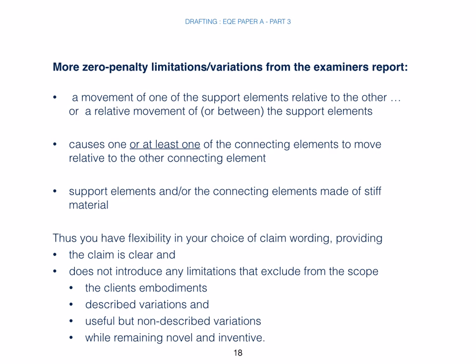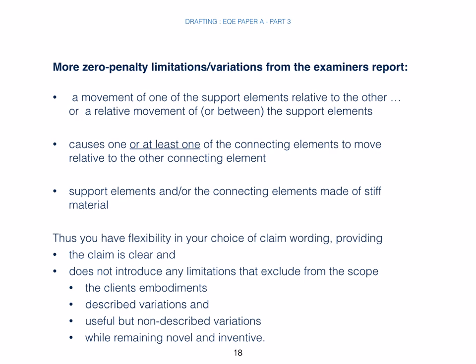So you can see from the previous listing that you have flexibility in your choice of the claim wording, providing your claim is clear, providing the claim does not introduce any limitations that exclude from the claim scope either the client's embodiments or the described variations or any useful but non-described variations, and while the claim obviously has to remain novel and inventive.